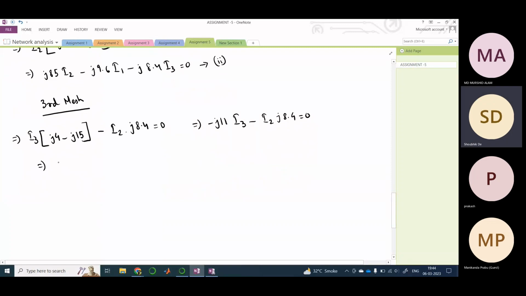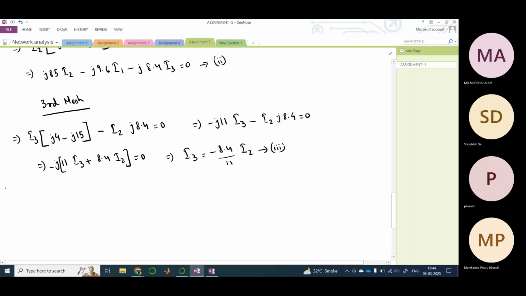So this would be what? J11. So let us take J and minus common. I3 equals 8.4 I2 divided by 11. So let us just substitute I3 first, because we need to calculate I1, right? Let us write this as equation 3.